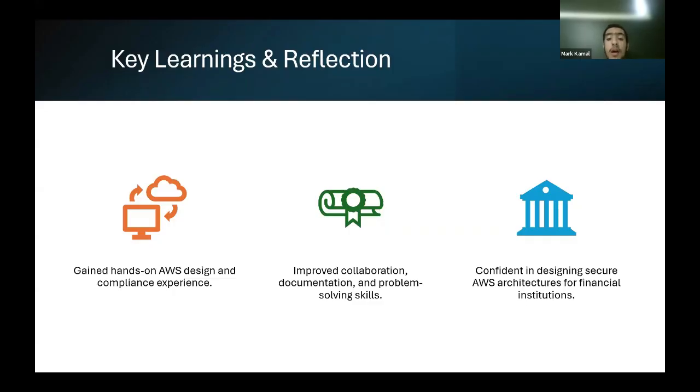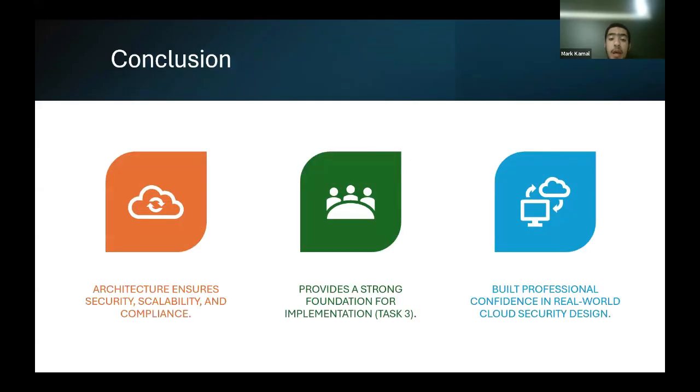I learned how to design practical solutions that align with frameworks like NIST and APRA CPS 234 and how to document them professionally. It also strengthened my teamwork, research, and problem-solving skills while applying real-world security principles.